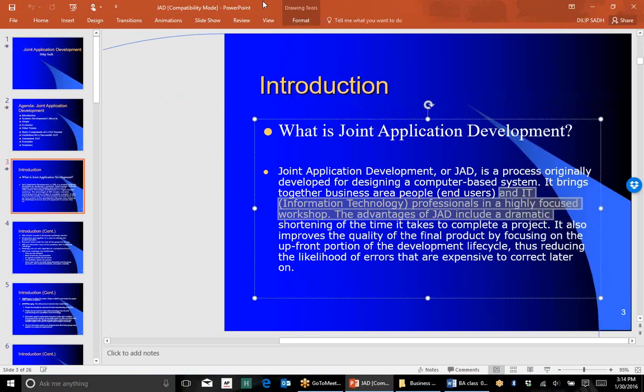That is the advantage of working with joint application development: working together and hence reducing the time for development.